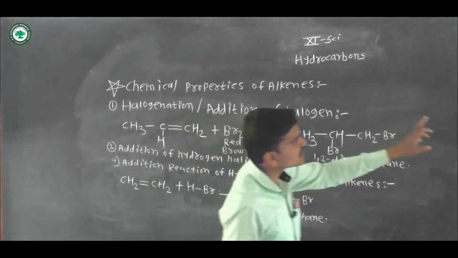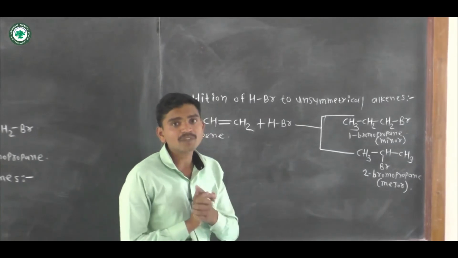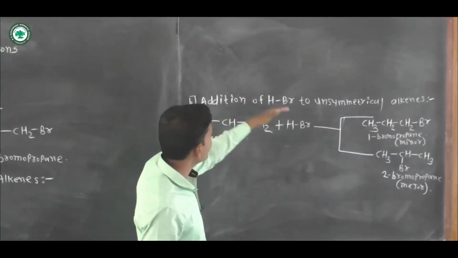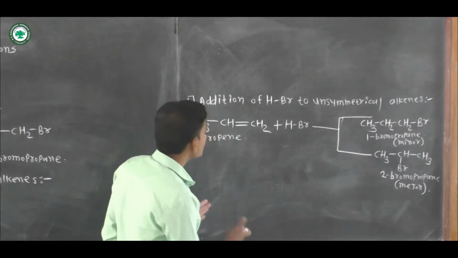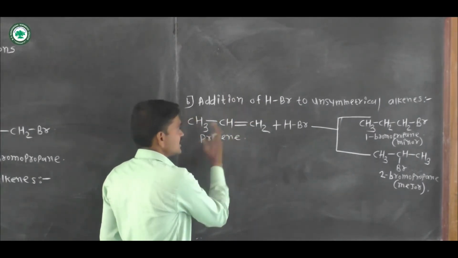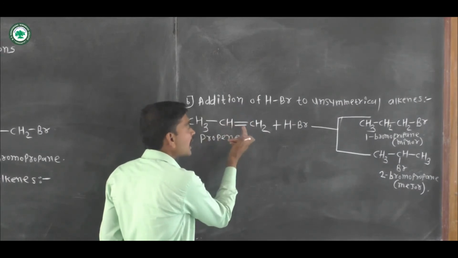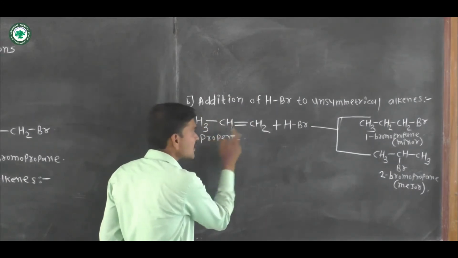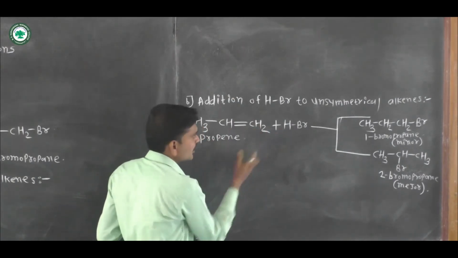Next is the addition reaction of HBr to unsymmetrical alkene. Here is the carbon-carbon double bond; on one side CH3CH is present, and on the other only CH2 is present on the double-bonded carbon atom.